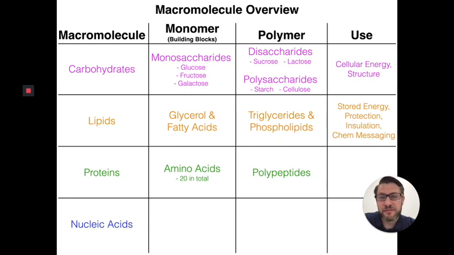Now remember, a full protein has many amino acids and then is going to have a complex structure that is caused by the chain of amino acids being folded and shaped in a very particular way. Remember, proteins have a lot of different uses, and we categorize them in two different ways. We have the structural proteins, which are also known as fibrous proteins due to their long thread-like structure.